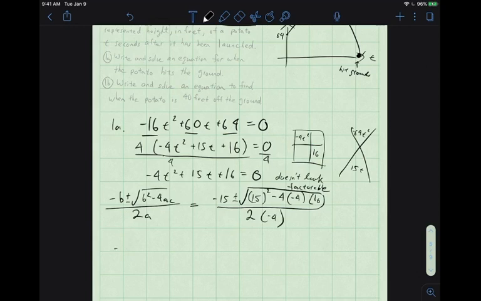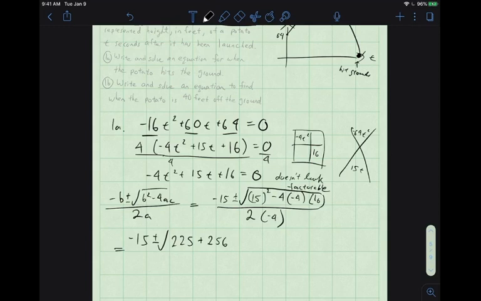Negative 4. That gives us negative 15 here, plus or minus. Grab my calculator. I can work through these and then tell you what it is. I also recommend that you take a calculator and work through these yourself, so in a testing situation, you know how to use your calculator, and I'm not there to help you. 4 times 4 times 16 gives us 256.